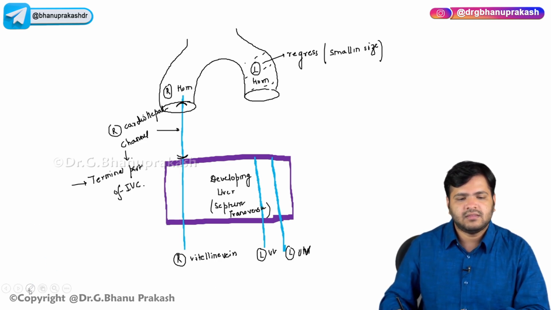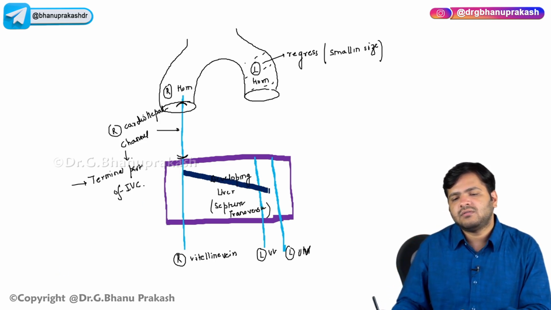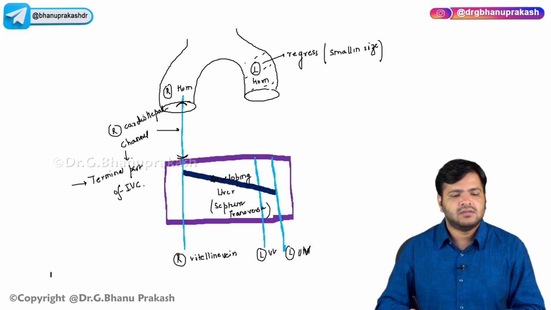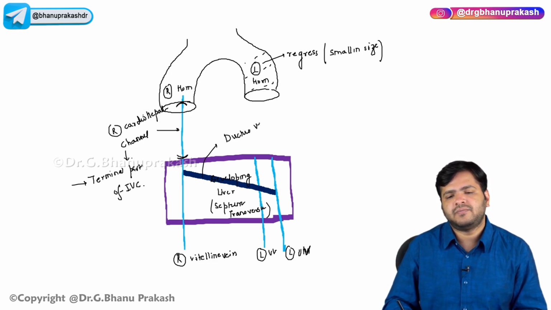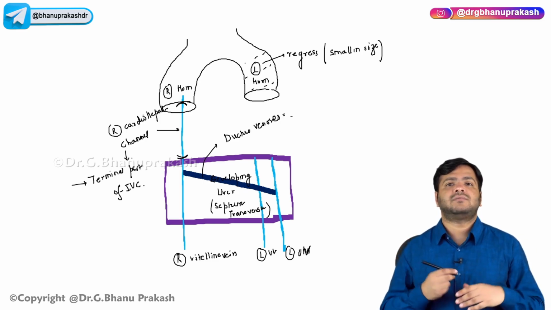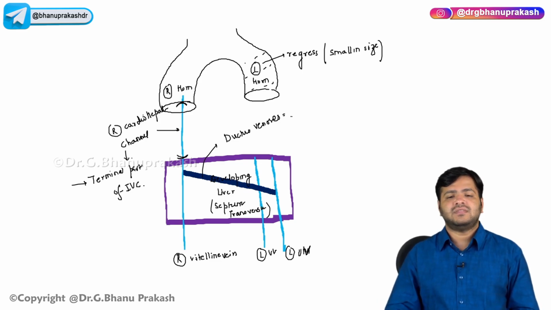This connection is called the ductus venosus, which persists as the ligamentum venosum in the liver in adults.